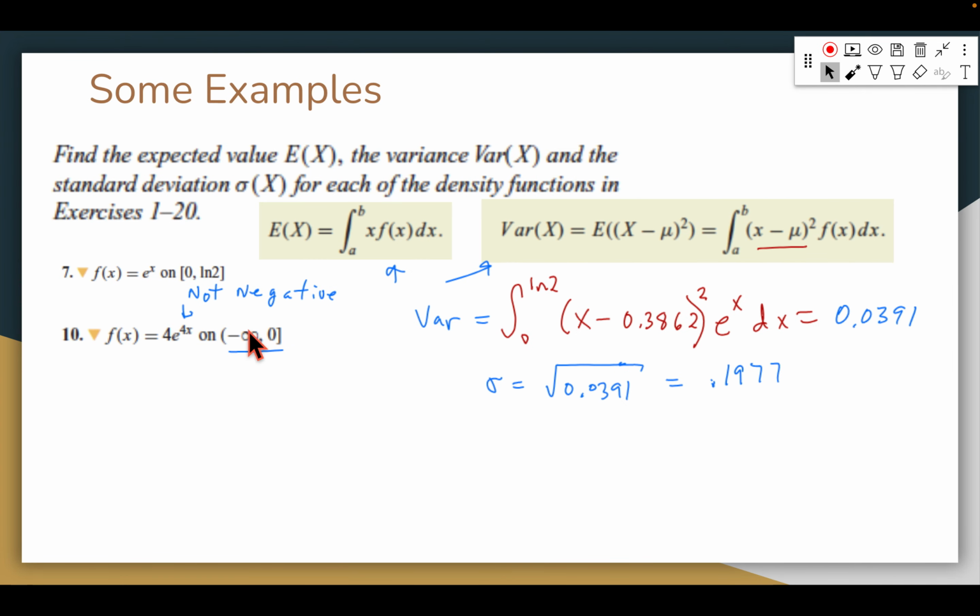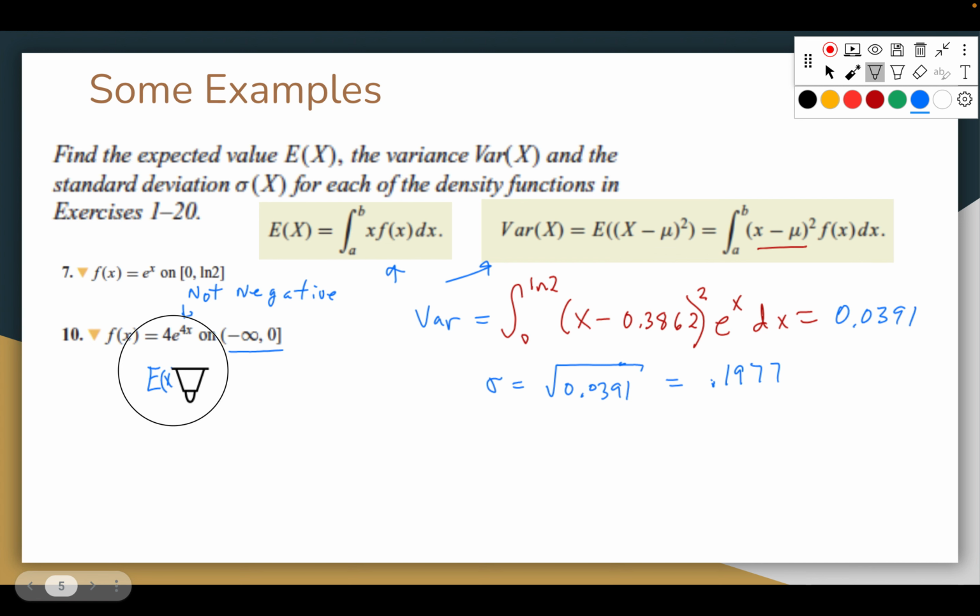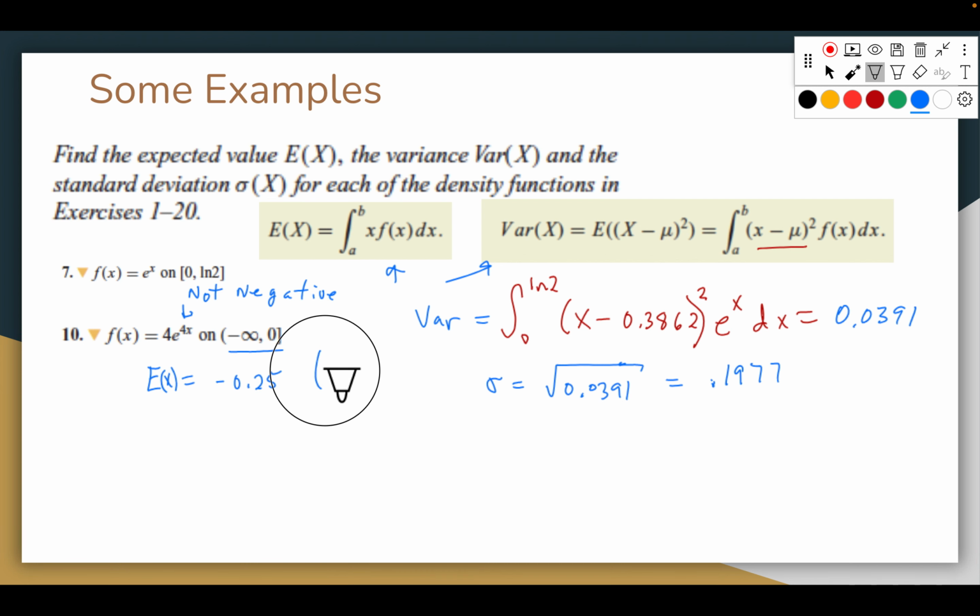So we did this one, and we found that the mean of e to the x was equal to negative 0.25, or negative 1/4. You see how we can still use that rule, but it works a little differently with that negative.